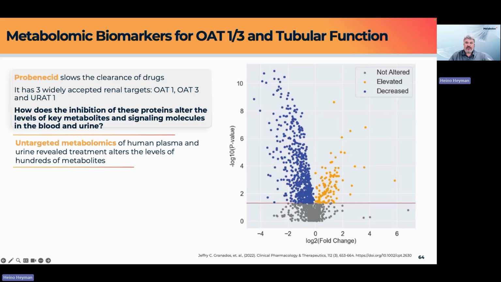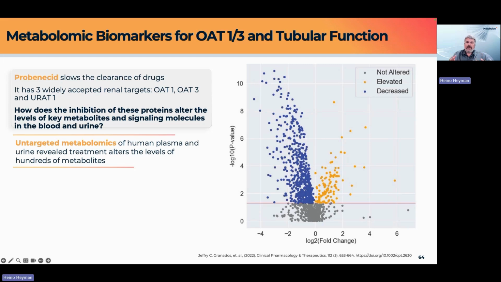They then used untargeted metabolomics with Metabolon's Global Discovery Panel to profile both the plasma and urine samples. The results revealed that probenecid treatment altered the levels of hundreds of metabolites, as well as having a very specific drug-metabolite interaction with urate.